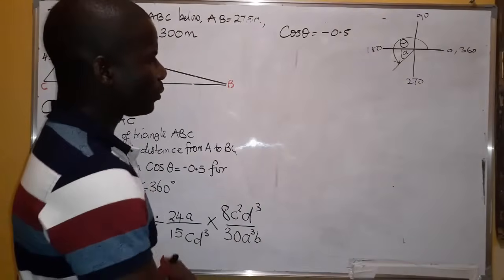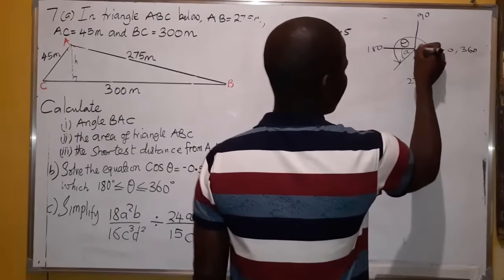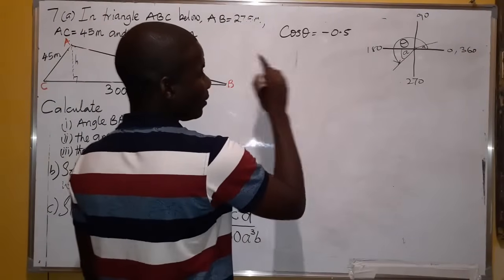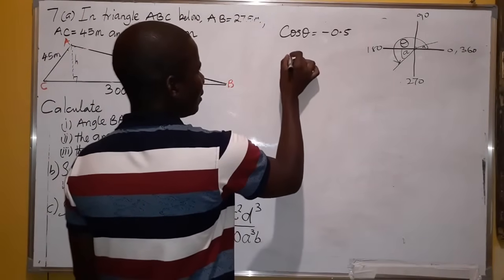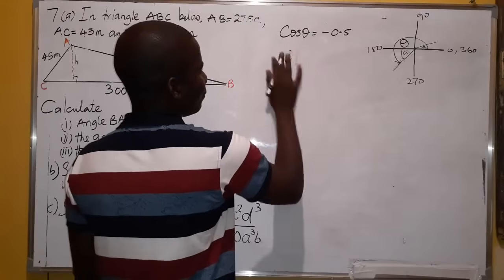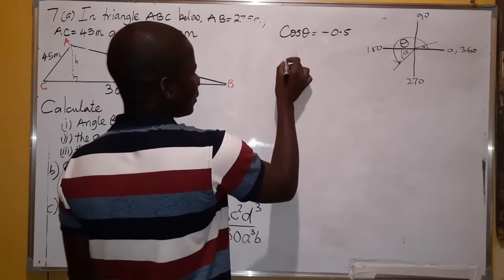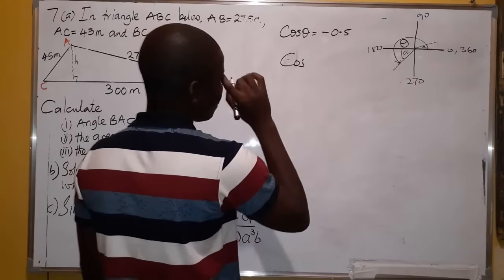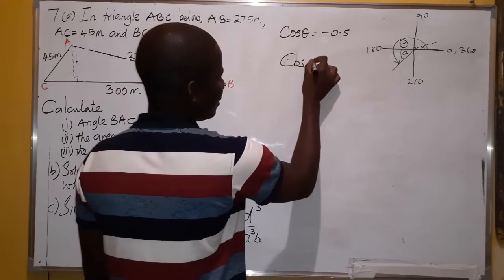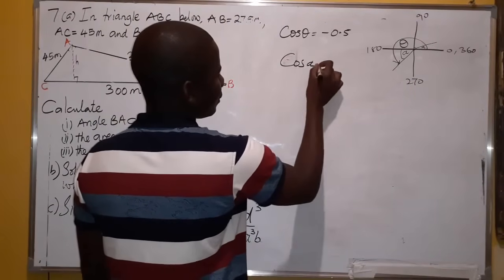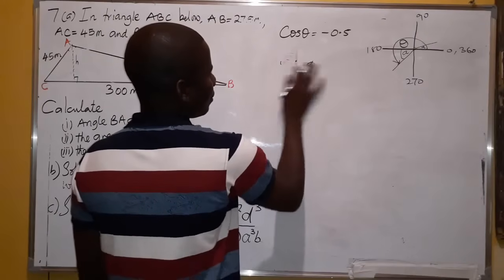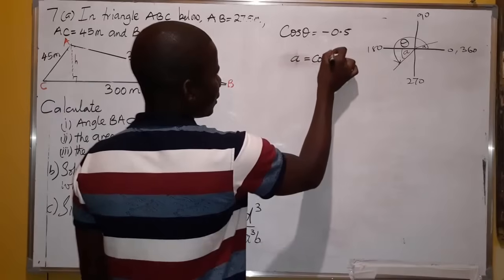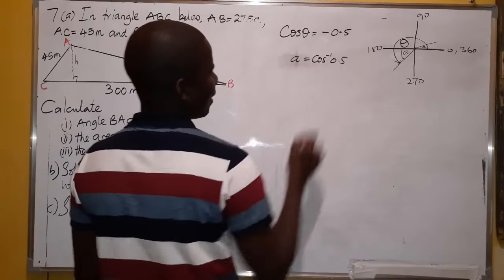So the first thing that we are supposed to do is to find this one there. How do we do that? We need to find the value of cos, so I'm going to say this is equal to cos inverse 0.5.